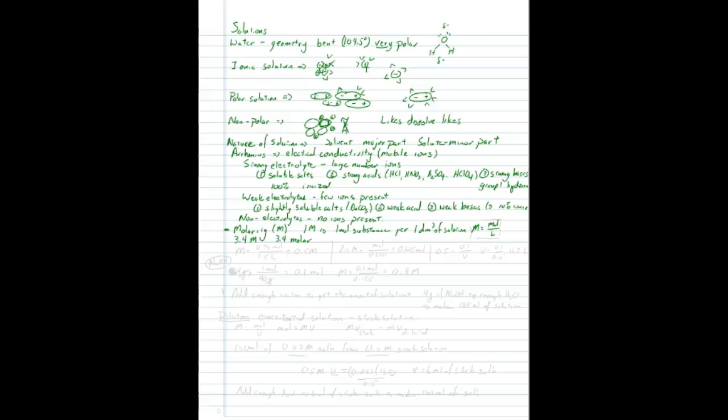We have several sample problems. Not too difficult. You have 3 variables in the equation right here. You know 2 of the 3, you can solve the rest. Suppose you have 0.75 moles dissolved in 1.5 liters.